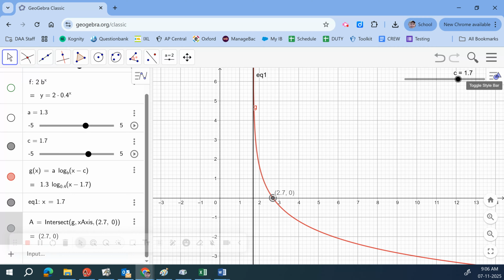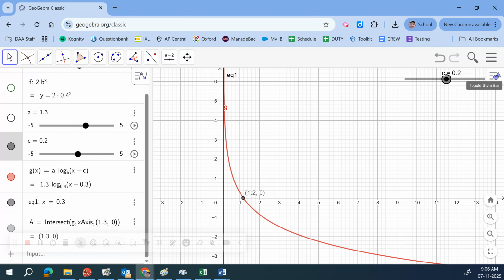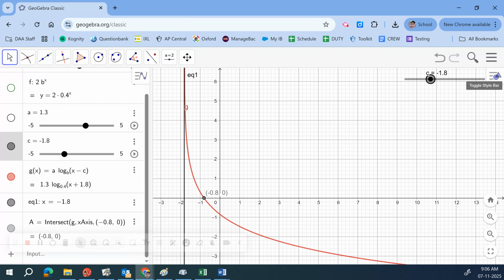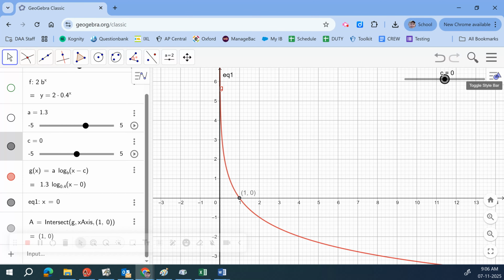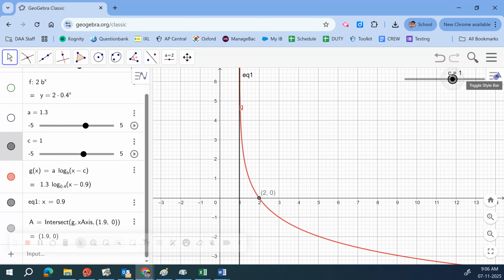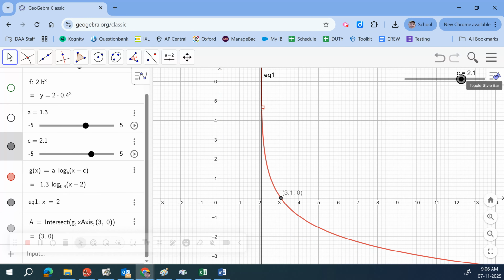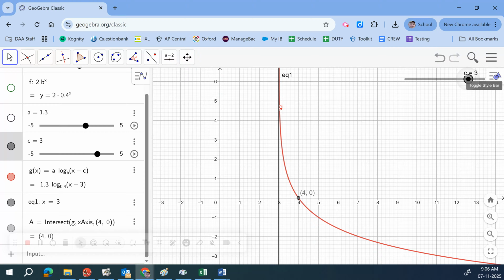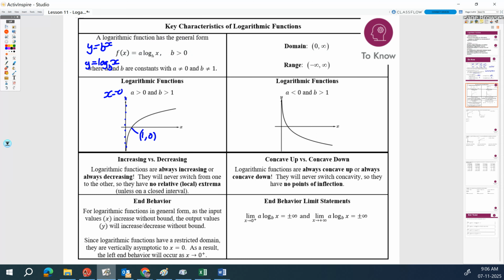Notice this point here is going to be C plus 1. Remember, in our normal parent function, it's at (1, 0). And this point is going to move across like this as C plus 1.